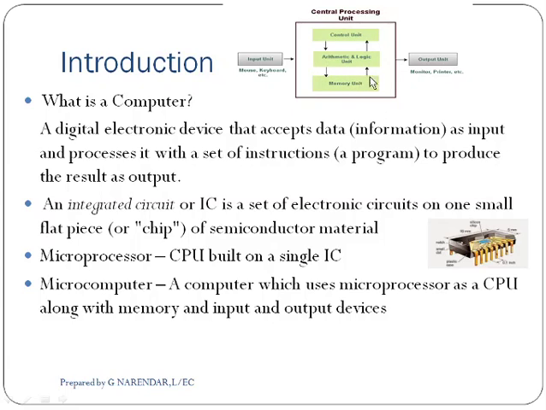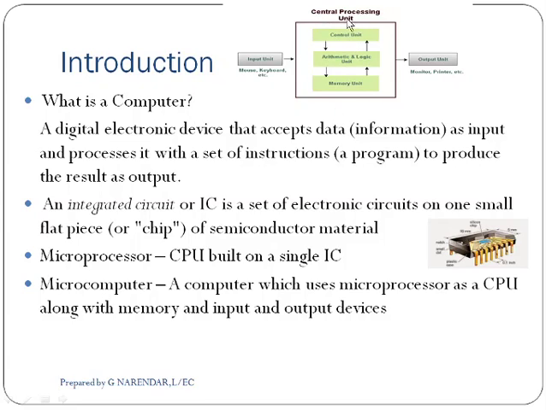In a normal computer, the control unit, arithmetic logic unit, and memory unit will be separate circuits, and you need to connect one to the other to make the complete CPU.